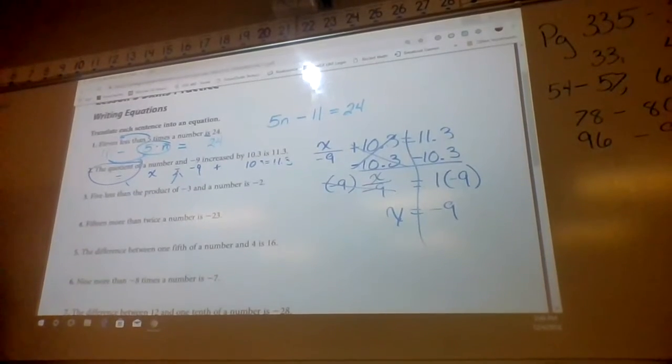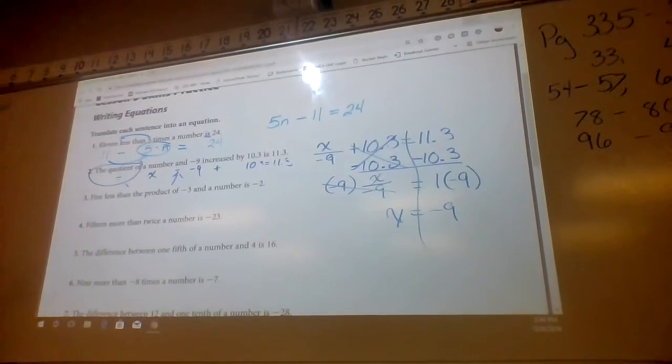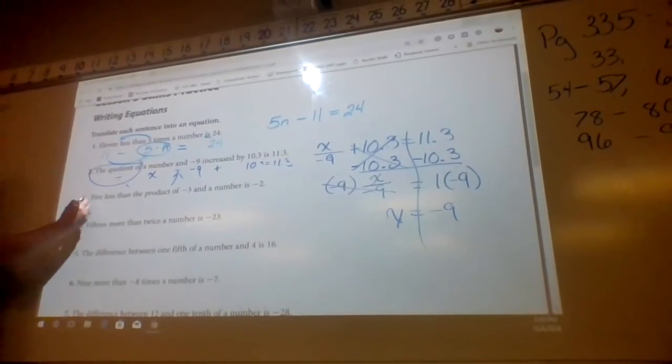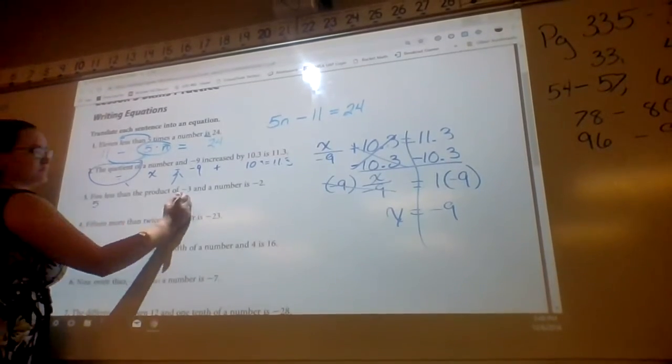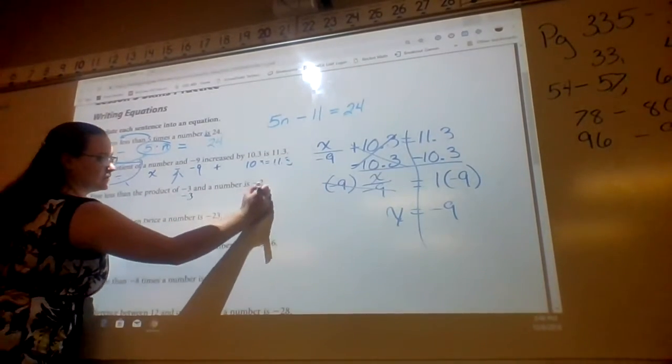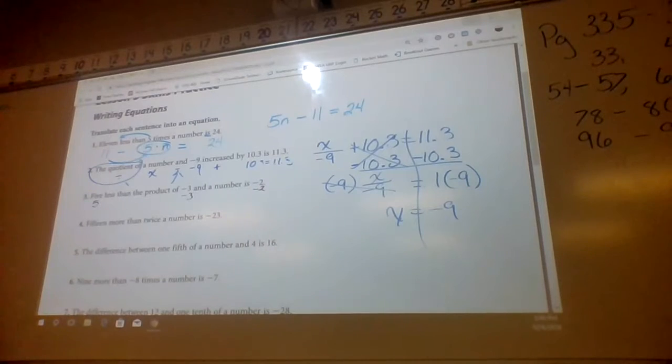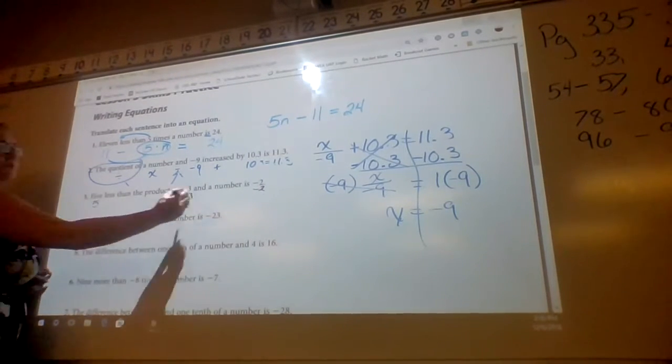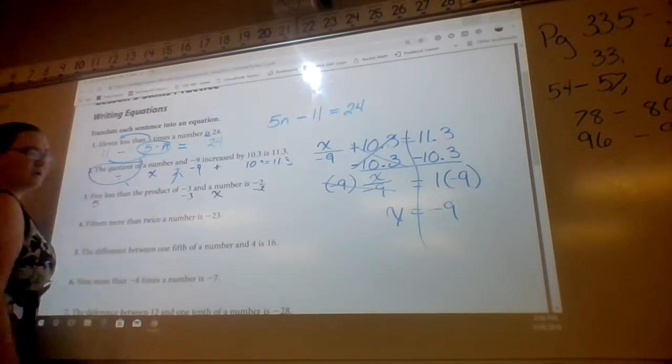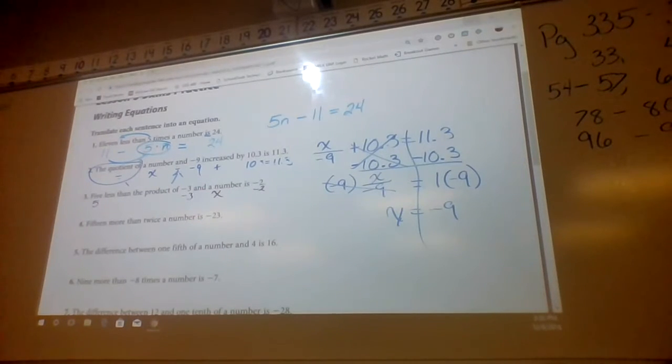Let's check this out. What numbers are there, guys? 5. Anything else? Variable. Where is the variable? A number. I don't care which variable you use. Can you get that much? Because you're not writing anything.